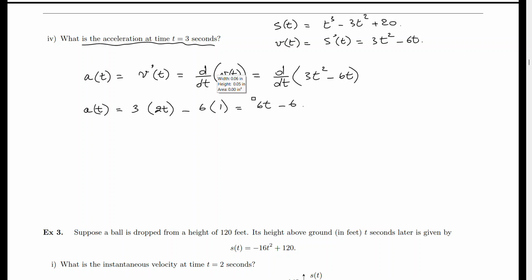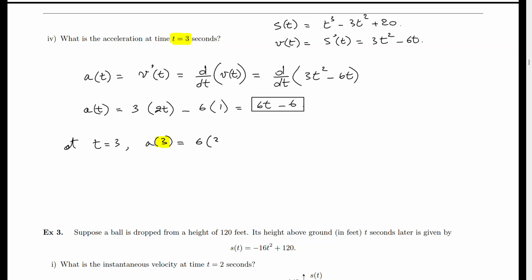So that's the equation that describes the acceleration of the object, but we care about a specific moment in time when the time is equal to 3. So the acceleration of the object at 3 seconds, we would write a of 3. That means we're going to plug 3 into the equation for acceleration.